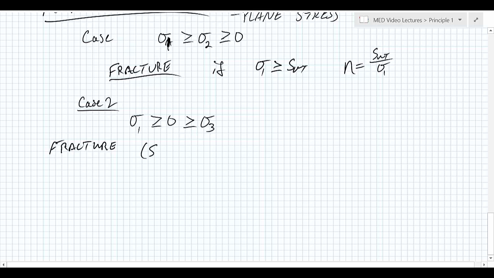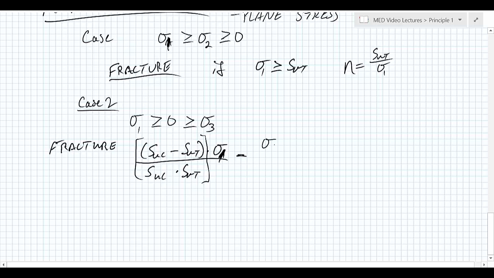If the ratio of the ultimate strength in compression minus the ultimate strength in tension multiplied times the positive one, that's sigma 1 in this case, divided by the ultimate strength in compression times the ultimate strength in tension. So we're basically coming up with ratios here. This is obviously our modifying ratio. That's why it's called a modified Mohr.